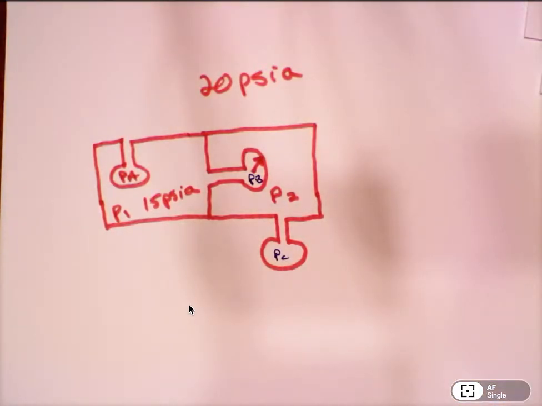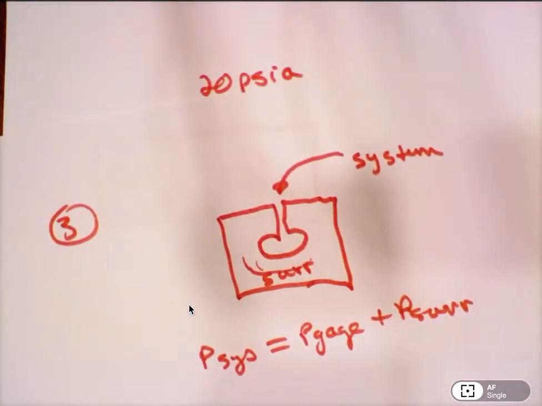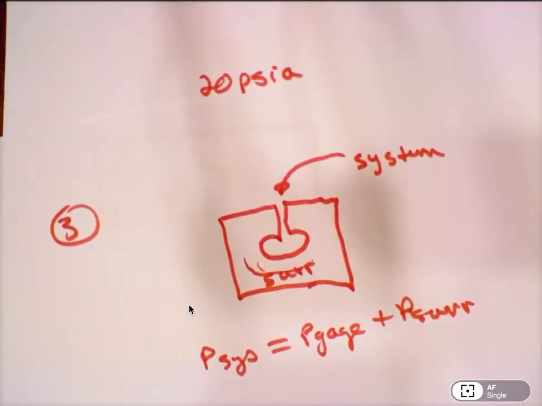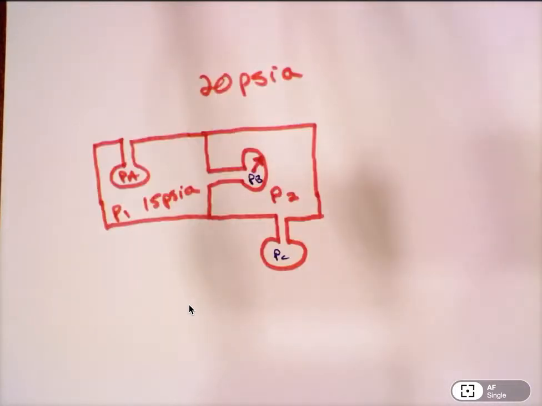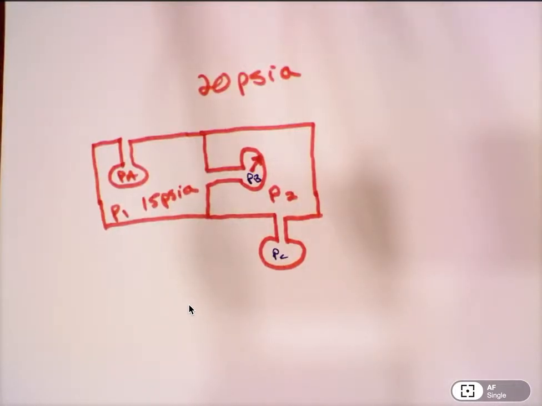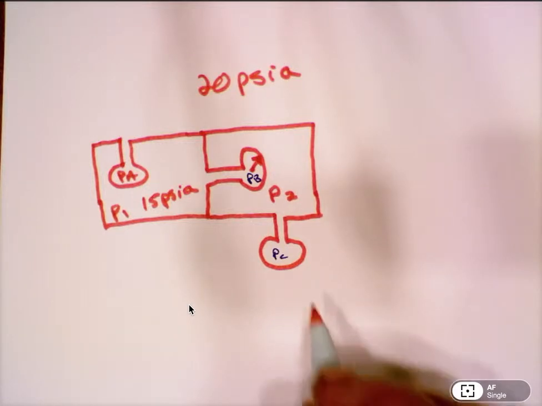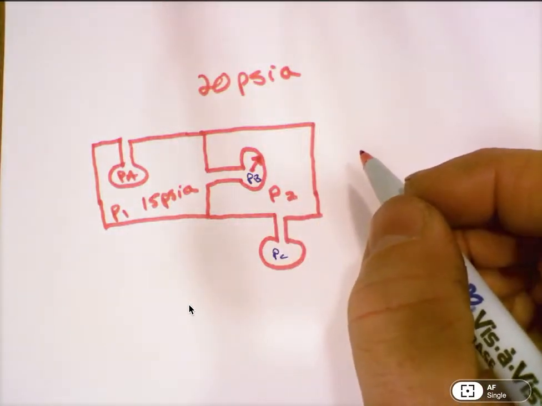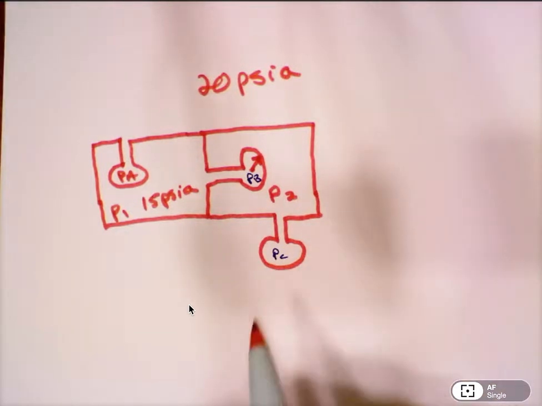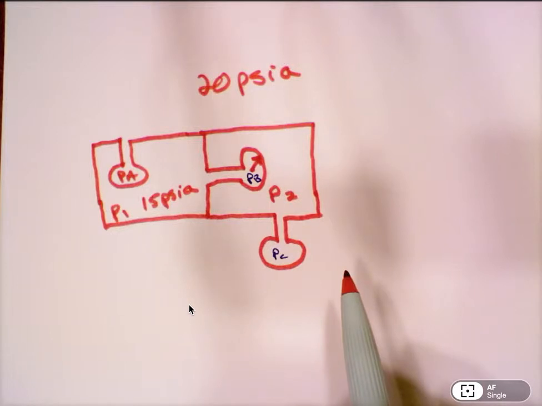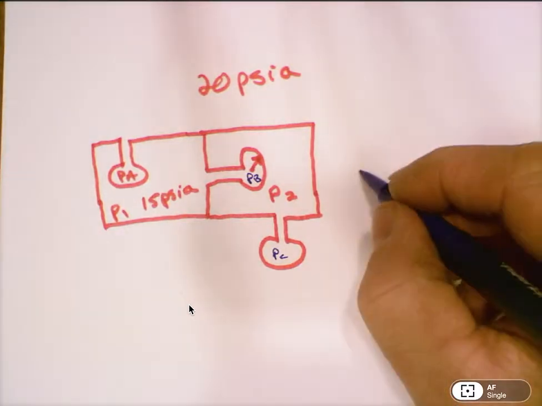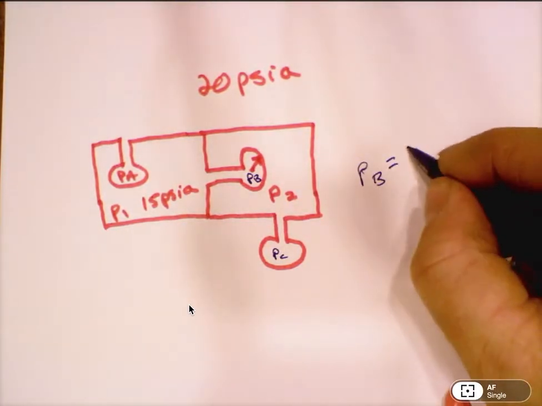This equation can be written one time for every gauge. So I would like us to find, let me see, make sure that I have enough unknowns. We're going to let pressure B, the pressure of that gauge, read 3 psiv.